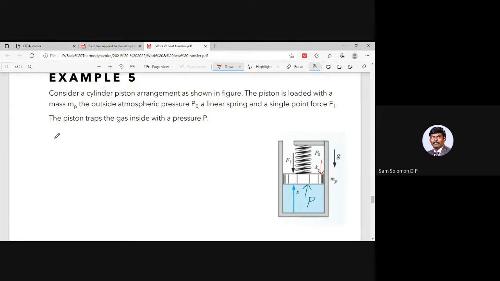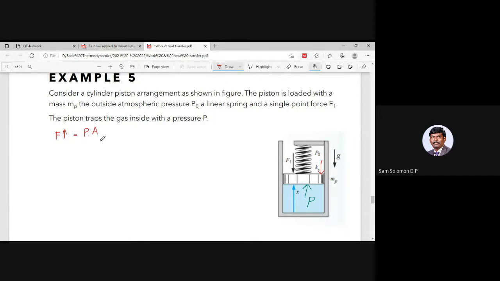So if you look at the force in the upward direction, we can simply say it is the pressure which is inside the cylinder multiplied by the area of the piston.